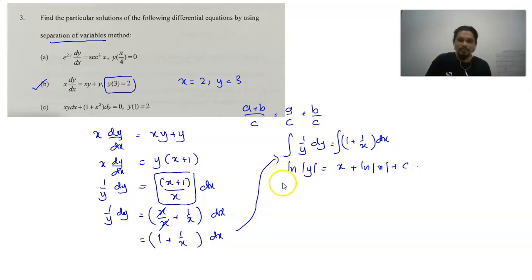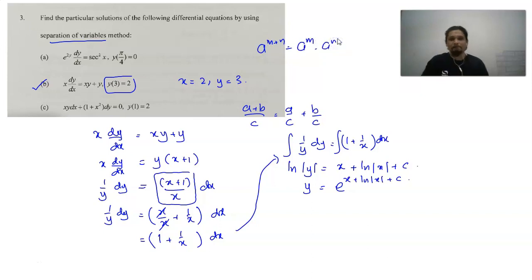Again, the constant of e here and here, then y equals e to the x plus natural log of x plus c. Again, using the rules of index, a to the power of m plus n equals a to the power of m times a to the power of n.